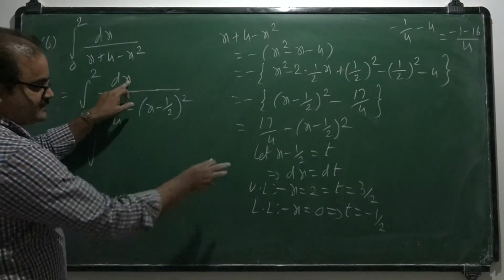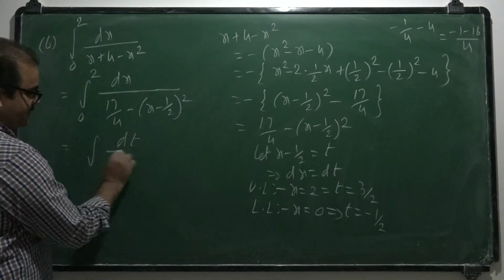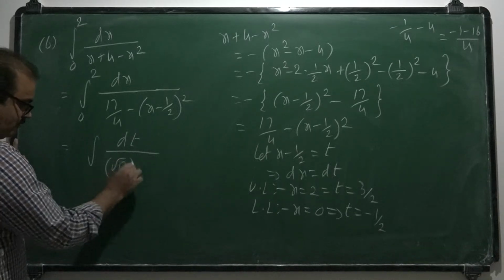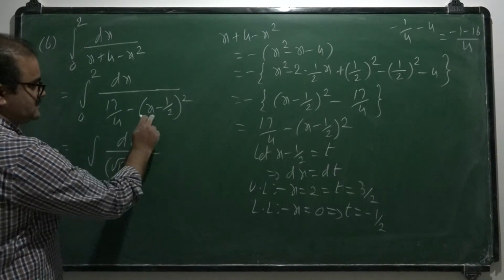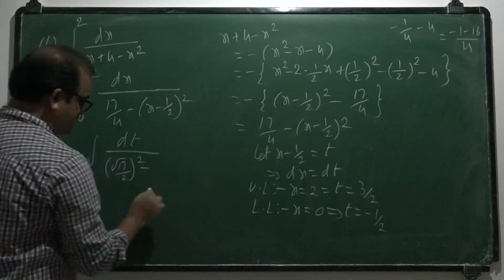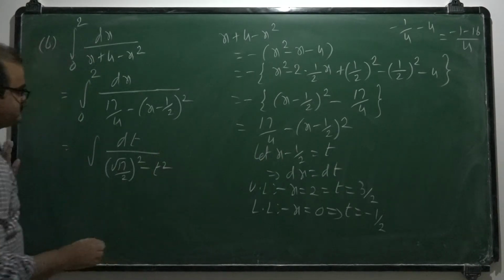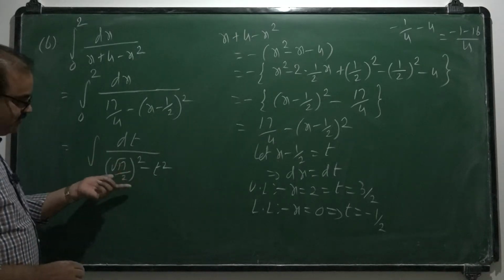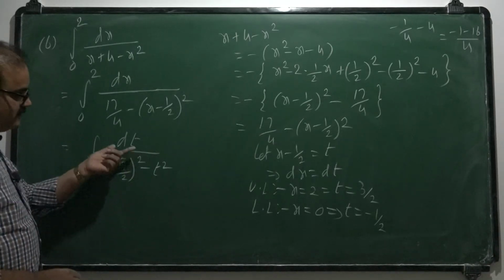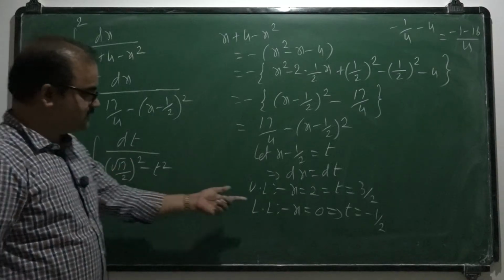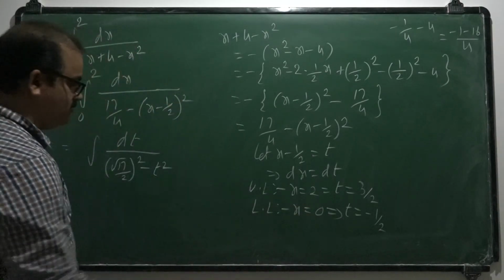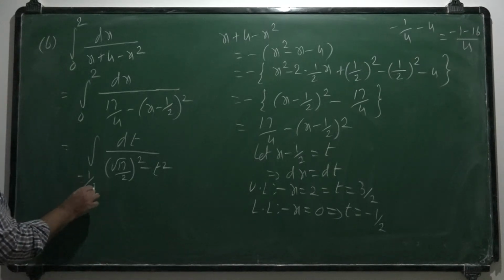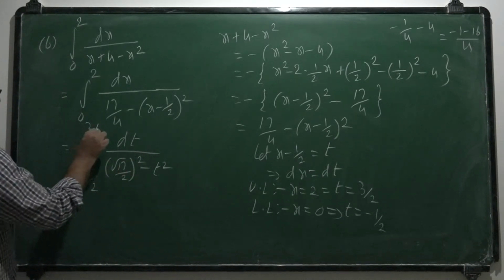What is dx? dt by, write this as root 17 by 2 whole square minus x minus 1 by 2, that is t square. Now write the limits. The given integration is in terms of t, and then write the limits to t. What is the lower limit? Minus 1 by 2. What is the upper limit? 3 by 2.